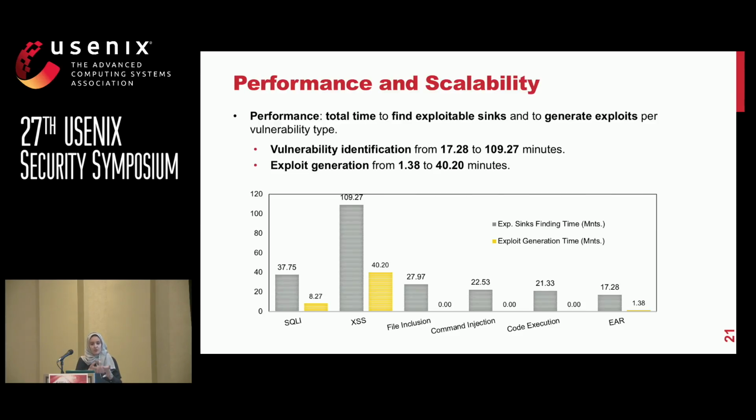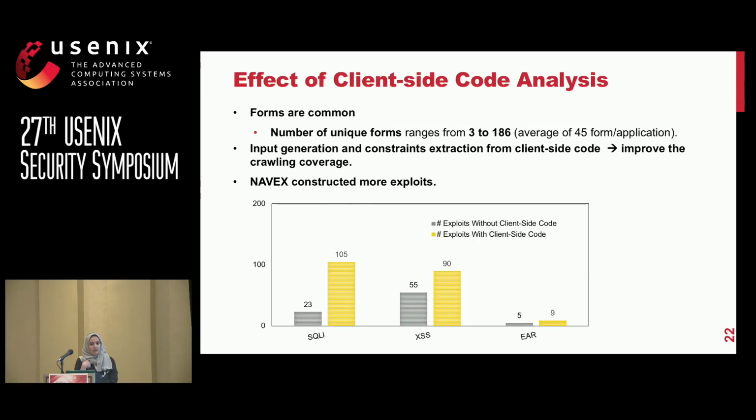This demonstrates that our tool can generate exploits that scale to large applications. And the figure below validates our claim that to improve the crawling coverage and generate more exploits, we should have support for input generation and constraints extraction from client-side code.